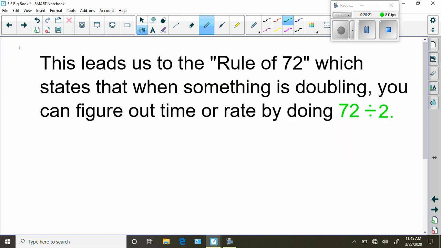All right, this leads us to the rule of 72, which states that when something is doubling, you can figure out the time or rate by doing 72 divided by x.